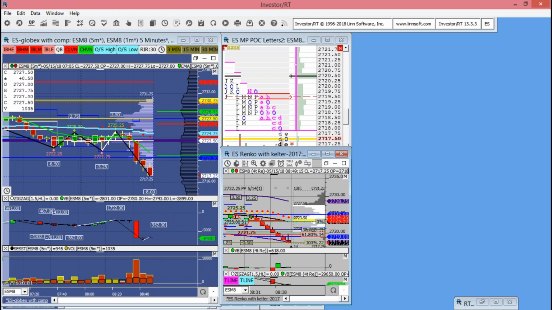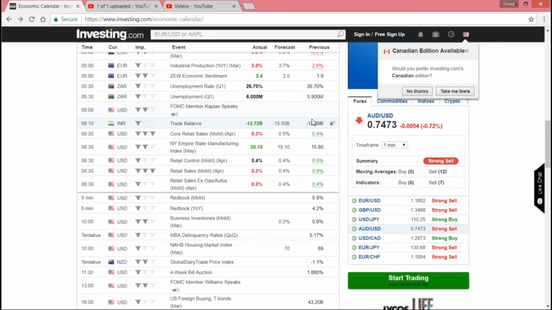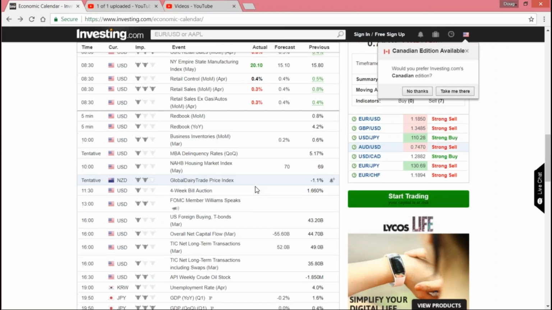In terms of other economic news today, we have Redbook coming out in 5 minutes, not a big one. Business inventories comes out at 10 o'clock. We've got NAB delinquency rates, which is tentative. NAHB housing market index at 10 o'clock. 11:30, we've got the four-week bill auction. As I said yesterday, there's lots of Fed speakers this week.